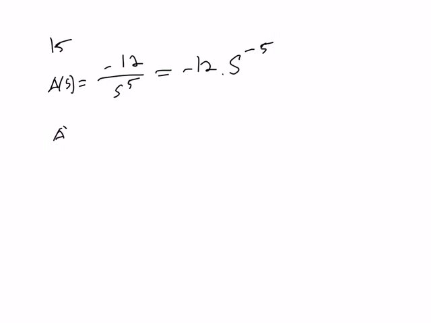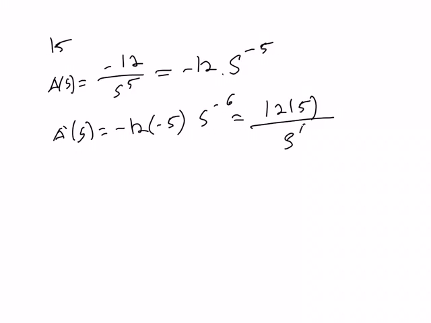So a prime of s is going to equal negative 12 times negative 5 times s to the negative 6, or in other words, 12 times 5 over s to the 6th power. And again, you can do this using the quotient rule. I'm not going to do that again.